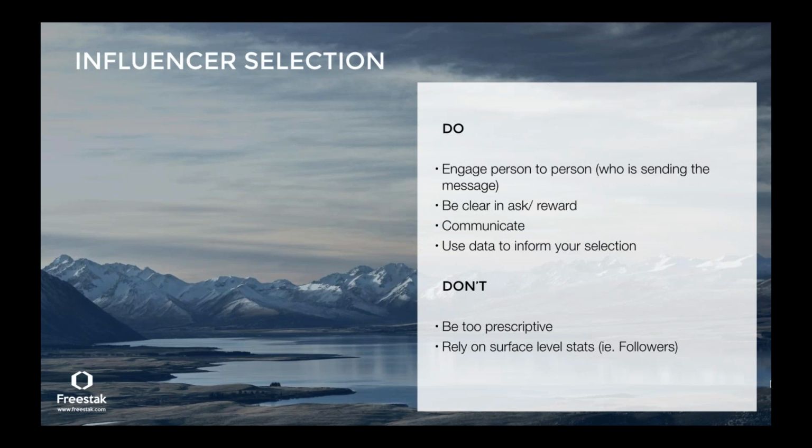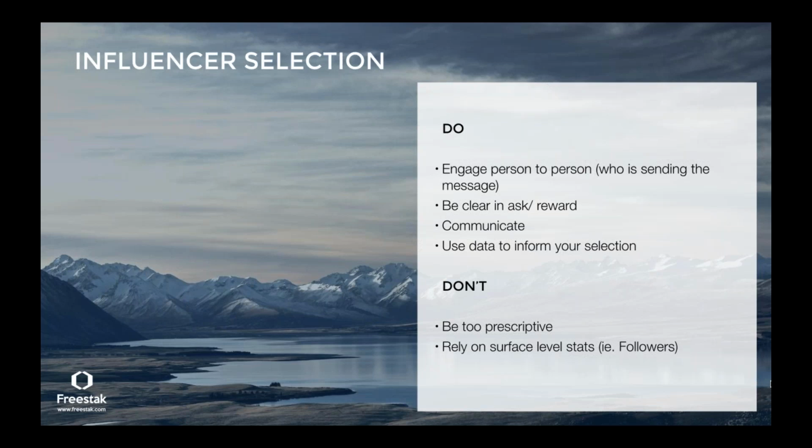I think the first thing to remember is, you're dealing with humans, and you yourself are a human. While they might be well known, I've known people to be a little bit starstruck when approaching reasonably big influencers, but you aren't the brand. You're Gab from marketing. Of course, you want to speak to them on behalf of the brand, and it's really important to have the weight of that behind you.